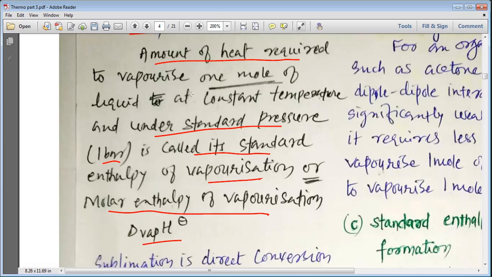Once again, the amount of heat required to vaporize 1 mole of liquid at constant temperature and under standard pressure, that is 1 bar, is called the standard enthalpy of vaporization or molar enthalpy of vaporization.